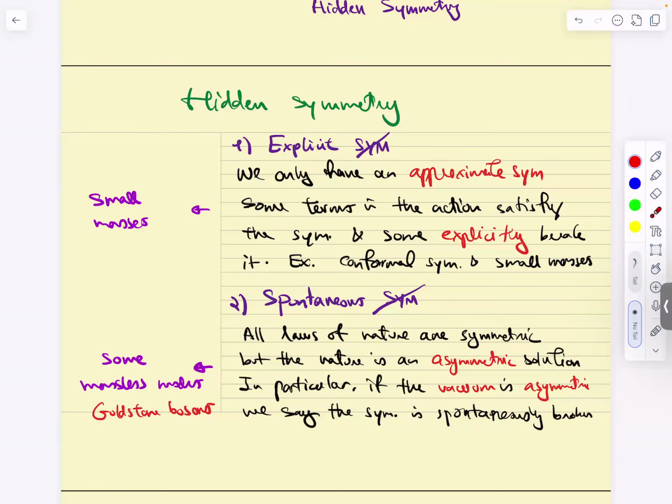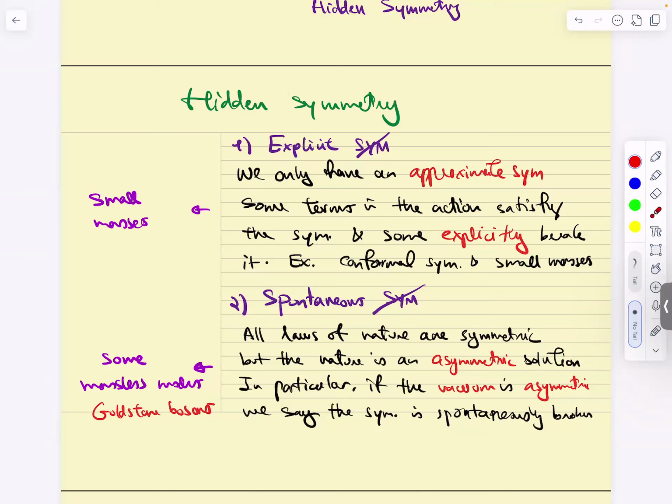So you have a theory that is massless. Well, the theory is conformal. Then you consider another theory, which is that conformal field theory plus some small terms, some terms that explicitly violate it, right? But somehow, for some reason, they're small.